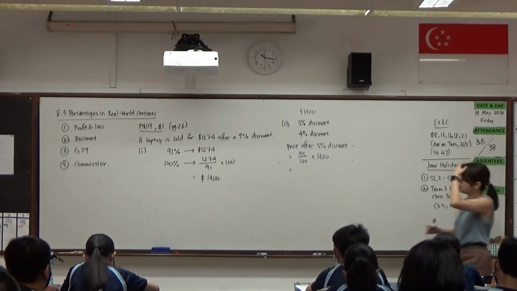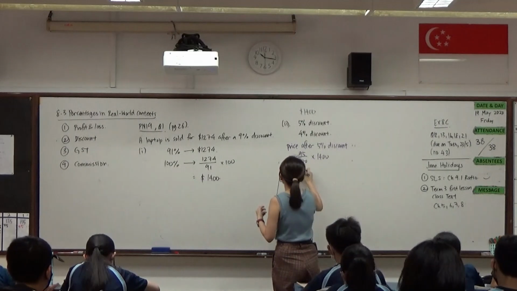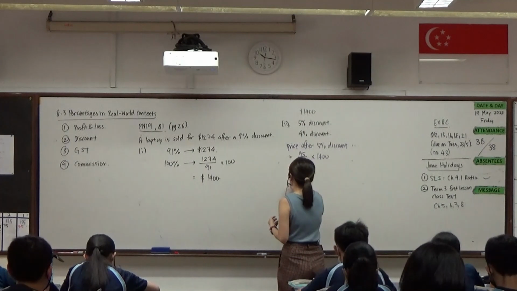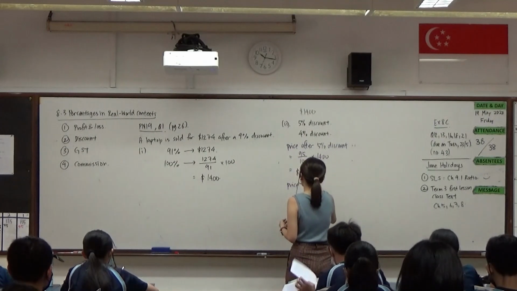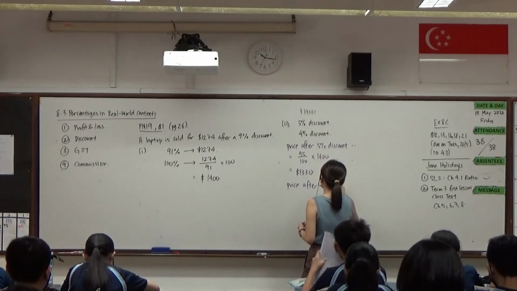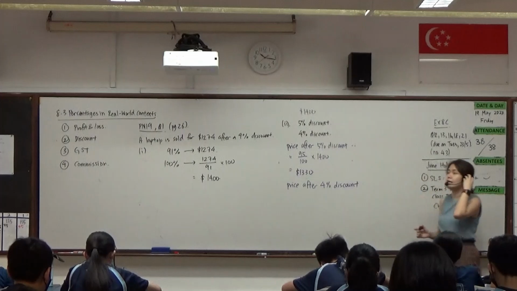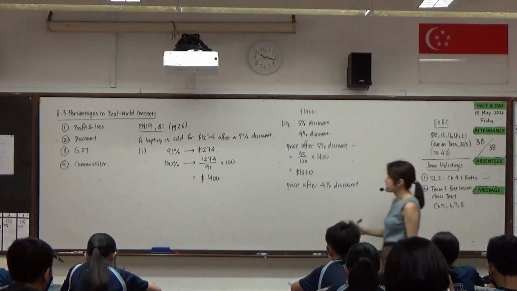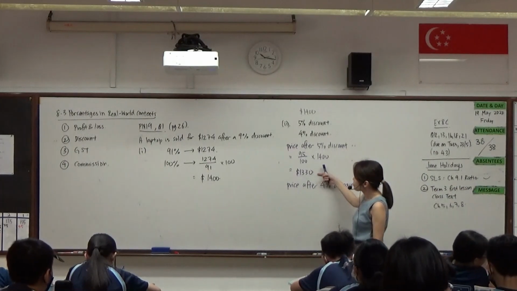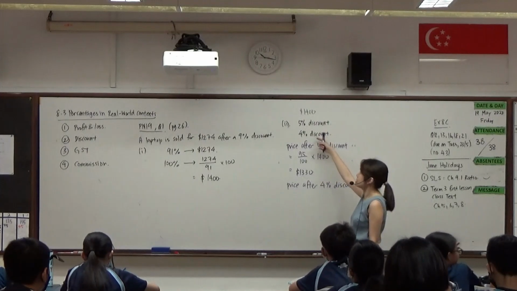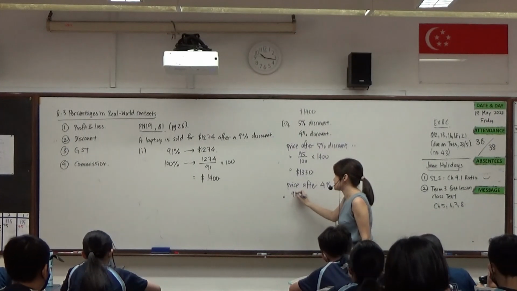Okay, and that's 1330. And then the price after a 4% discount, this will become a 100%. 100 minus 4 will get 96%.